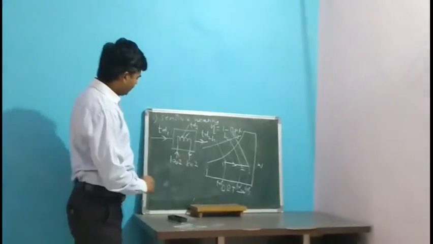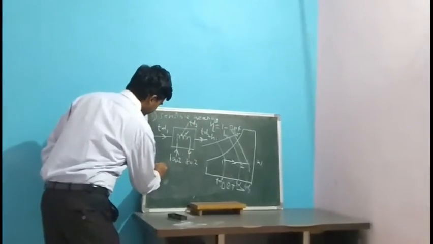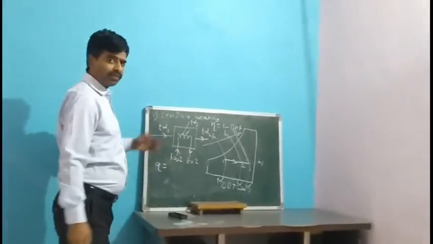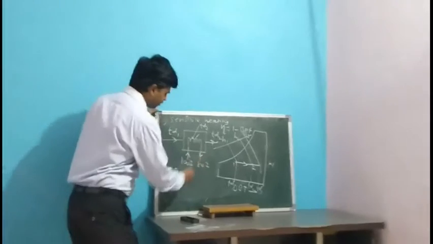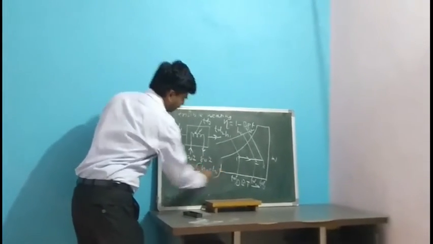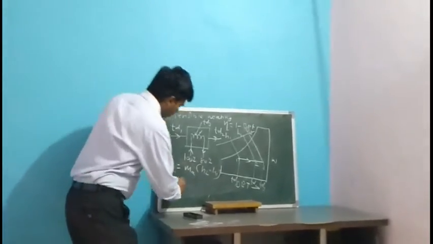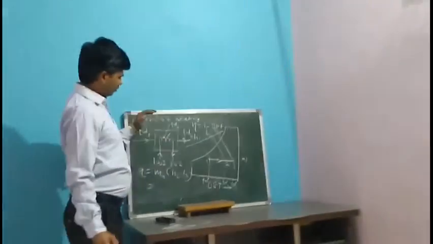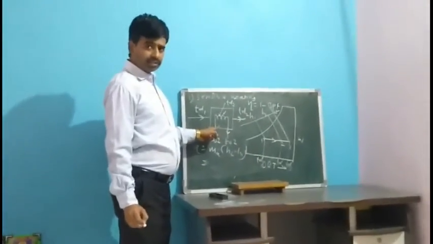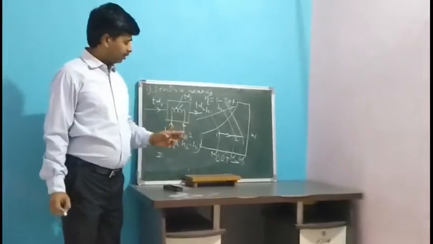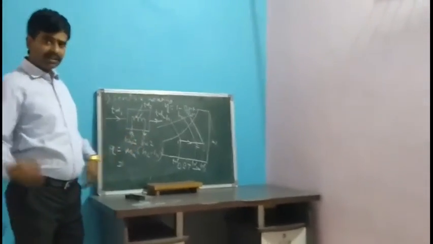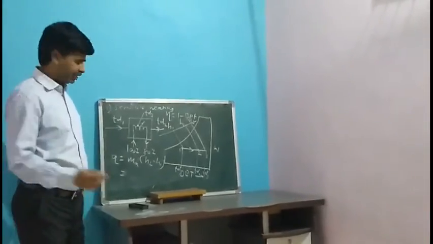Okay. Now in this case, the amount of heat that is needed to raise the temperature, which we have just determined, is m dot A times H2 minus H1. And this is equal to, corresponding to the temperature of the steam, we can get the enthalpy value from the steam table.